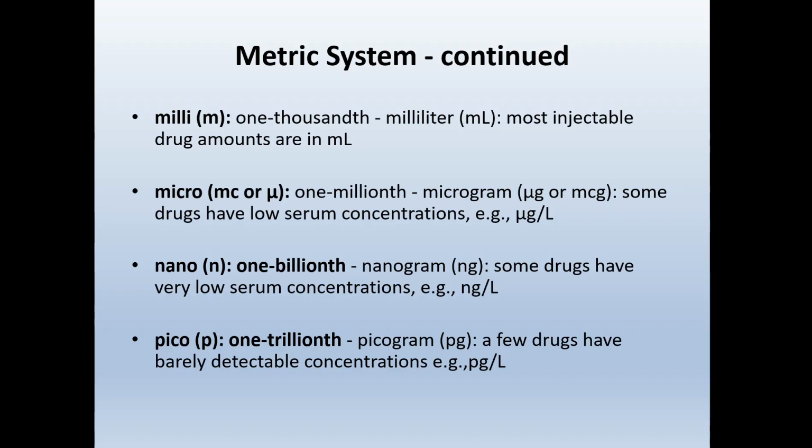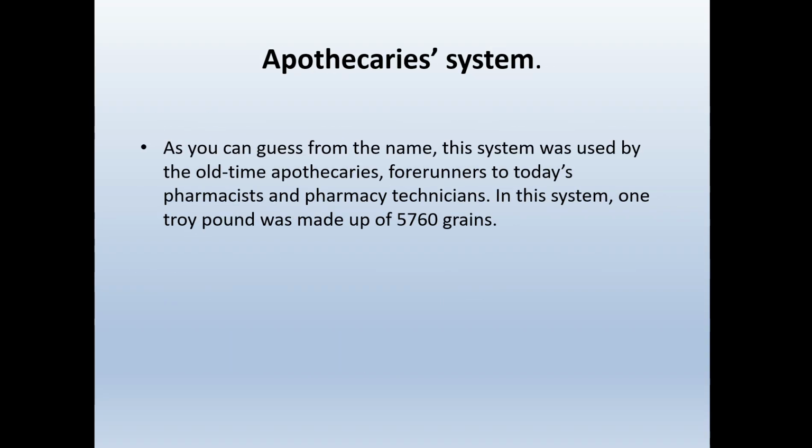So those ones are measured in pico. So if you watch how we're going, we started from kilo, 1,000, to deci, 1/10, centi, 1/100, milli, 1/1,000, micro, 1/1,000,000th, nano, 1/1,000,000,000th, pico, 1/1,000,000,000,000th.